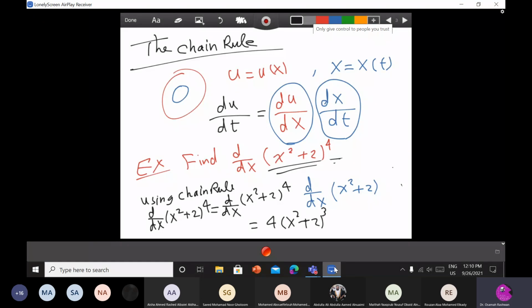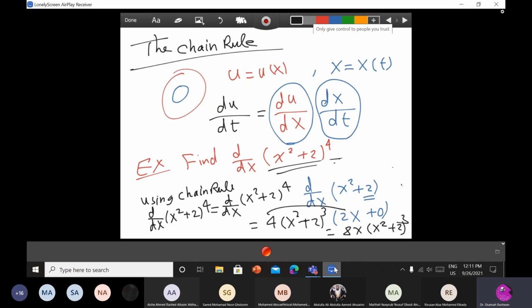It will be 3. What is the derivative of x squared? 2x. What is the derivative of 2? It is 0 because it is a constant. So I end up with what? Yes, I end up with 2 times 4 is 8, x times x squared plus 2 to the power 3. This is how to use the chain rule. Okay.